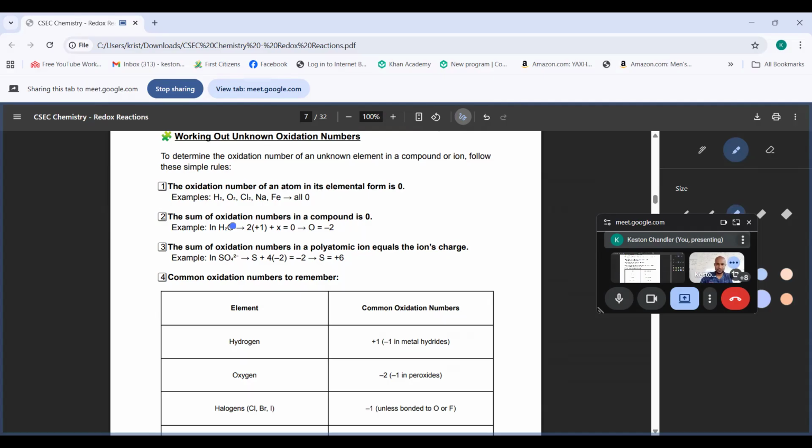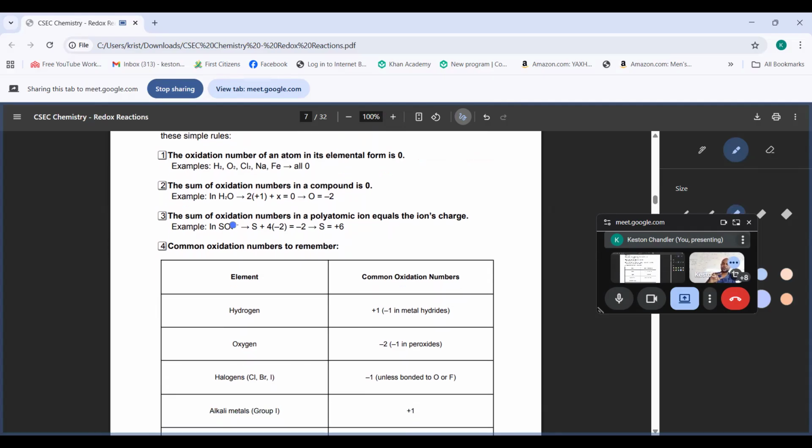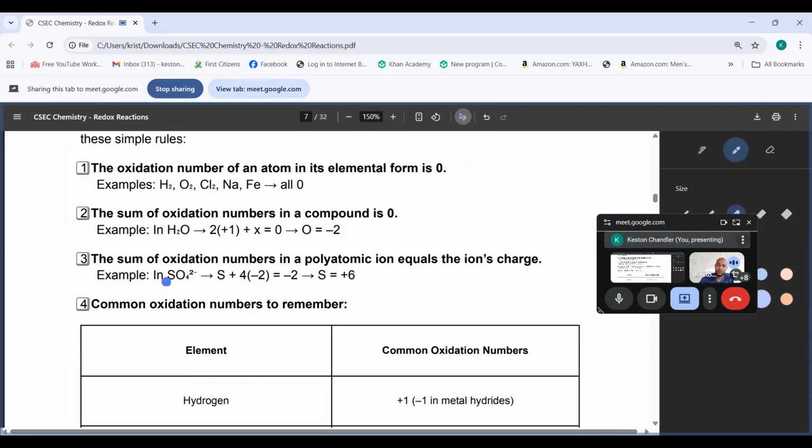We good? Right. Now, in some polyatomic ions, the overall charge is not 0. For example, the sulfate ion, SO4 2-, has a charge of 2-. The overall oxidation number of SO4 is 2-. So if I need to work out what the oxidation state of sulfur is in SO4 2-, we will need to do a little bit of algebra.